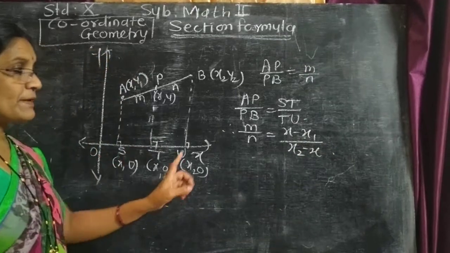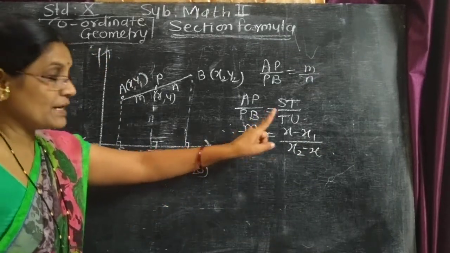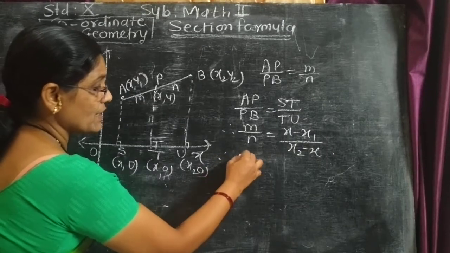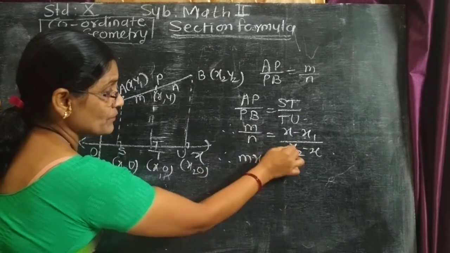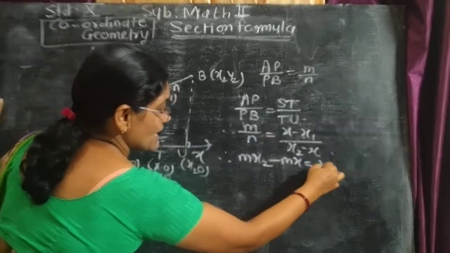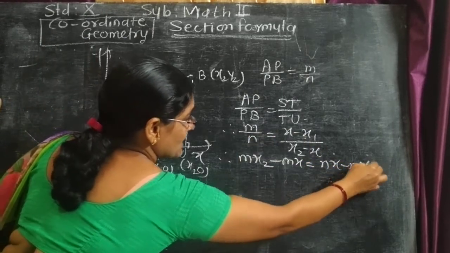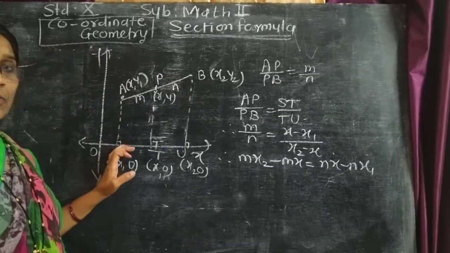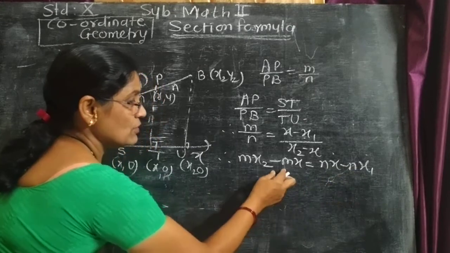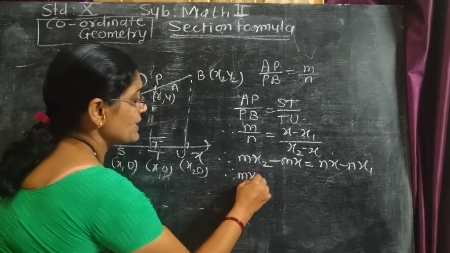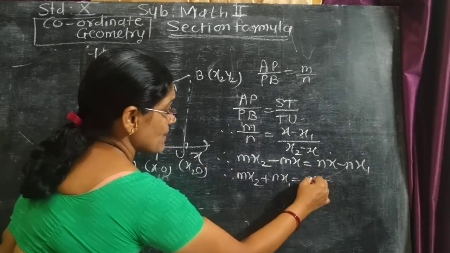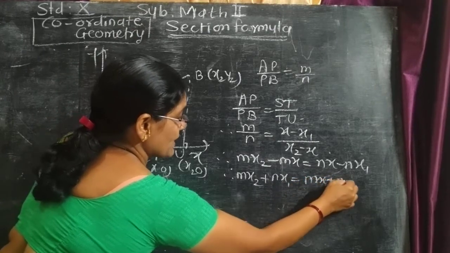By cross multiplication, m multiplied by this and n multiplied by this, we obtain mx2 minus mx is equal to nx minus nx1. Now for simplification, we bring nx1 to the left side: mx2 plus nx1 is equal to mx plus nx.